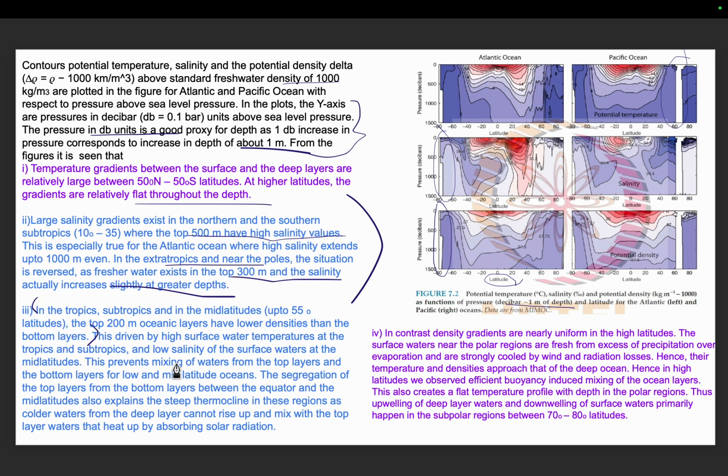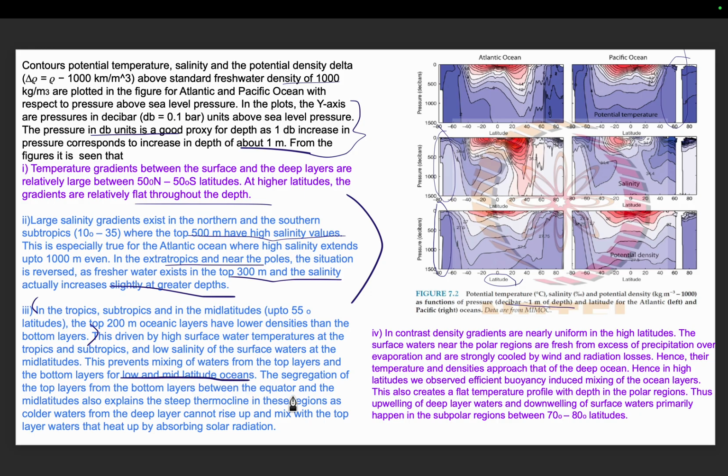This is driven by the high surface water temperature at the tropics and subtropics and the low salinity of the surface water at the mid latitudes. This prevents mixing of water from the top layer and the bottom layers for low and mid latitude oceans.